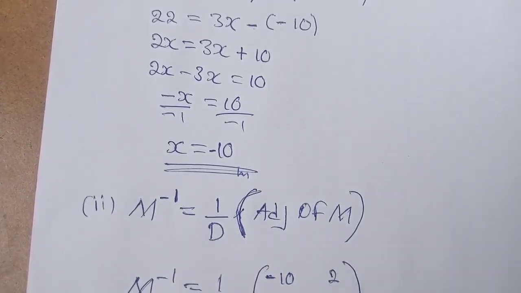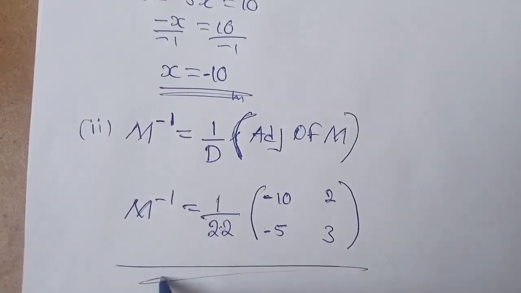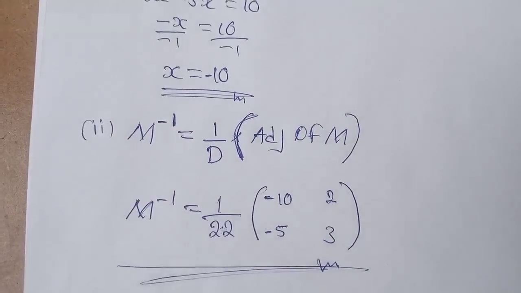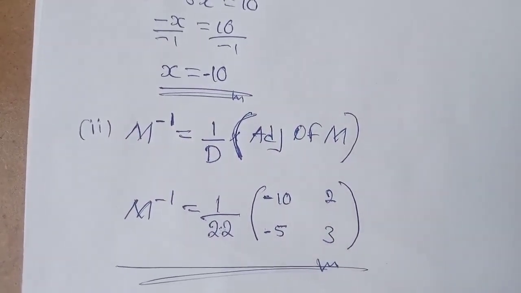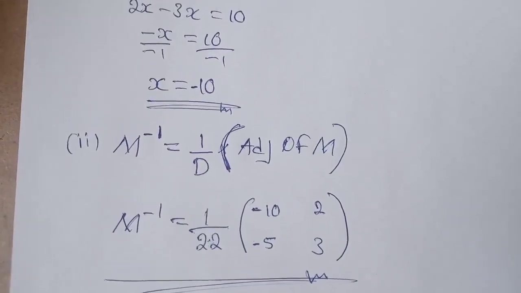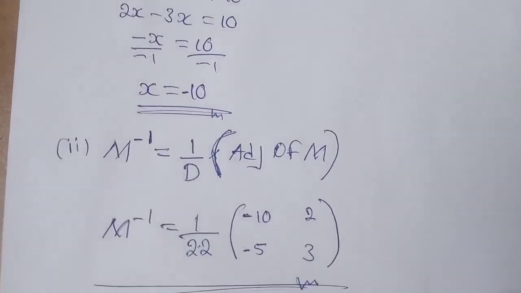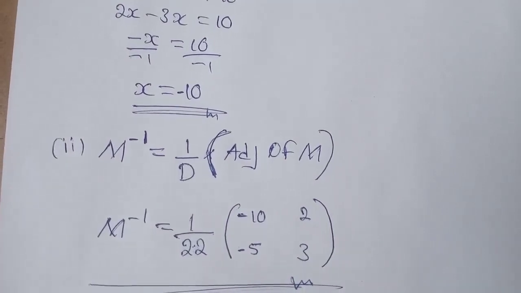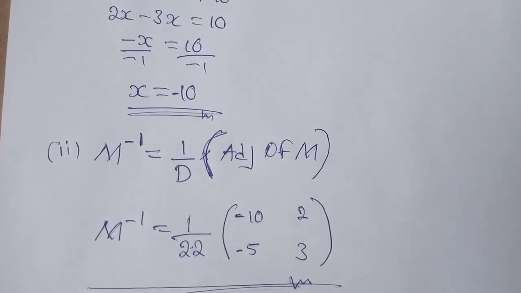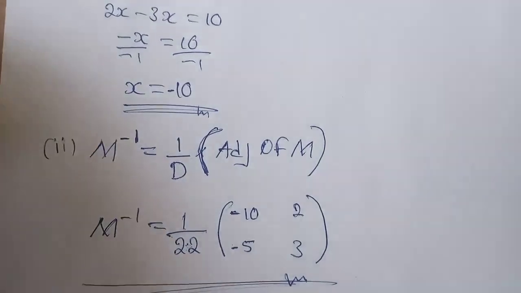So this is the inverse of m, just like that, as simple as that. If you didn't watch the previous video, kindly go back so that we move together. Okay, so let's do one more question.